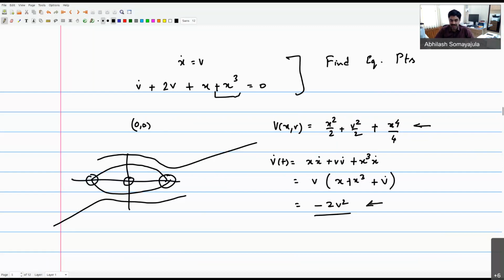Okay, so that's what I'm trying to get at. These methods, you have to take them with a pinch of salt. The choice of V, which I need to make, does seem to be a problematic thing, right? Later on, you will see that there are certain methods to choose V so that we can appropriately tailor it. In fact, you will see later on when we look at the backstepping controller that we use this idea of formulating a V, using the control law, in such a way that our system is rendered globally stable.